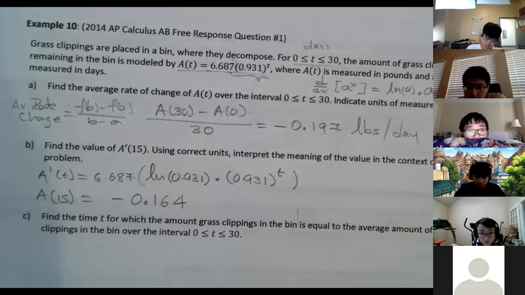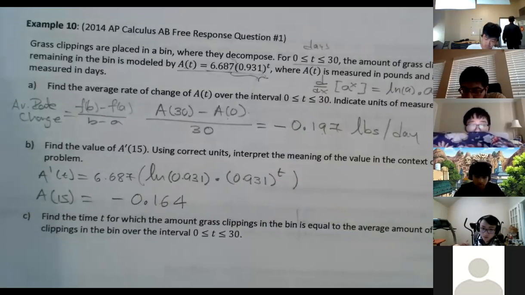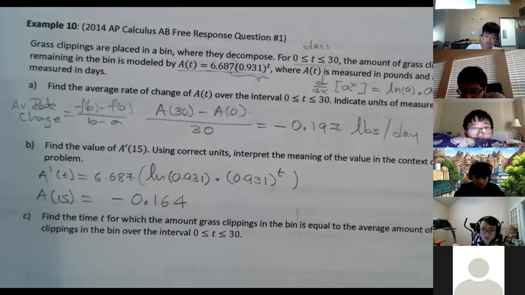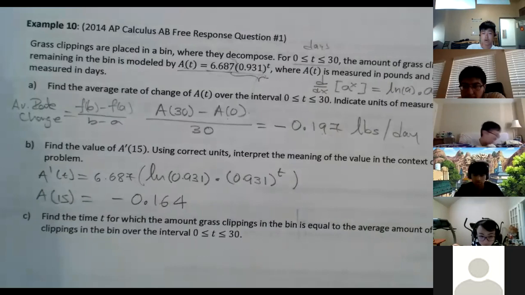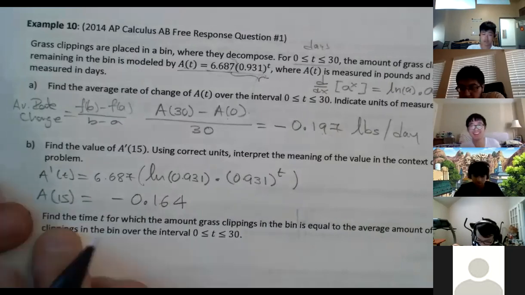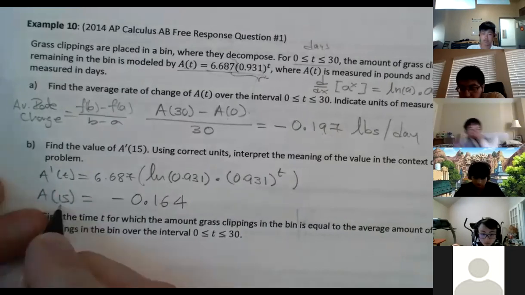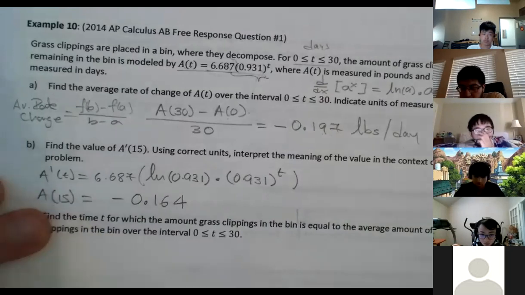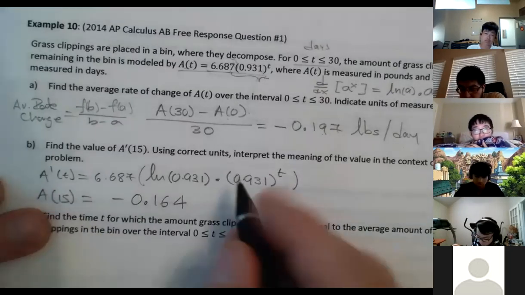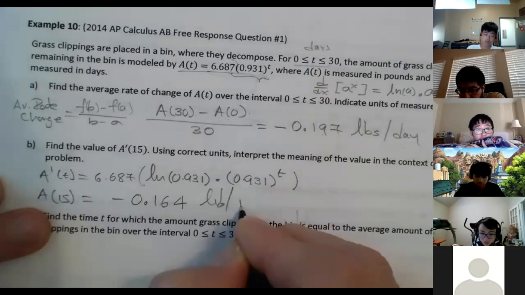Somebody help me. The amount of grass clipping would decrease by that much within the first 15. So it's the instantaneous rate of change. On the 15th day, right? They decompose 0.164 pounds of grass per day.